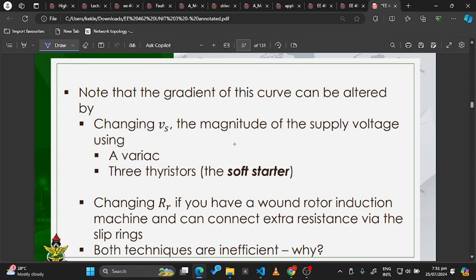Note that the gradient of this curve can be altered by changing V1, that's the magnitude of the supply, using a variable three-phase supply.